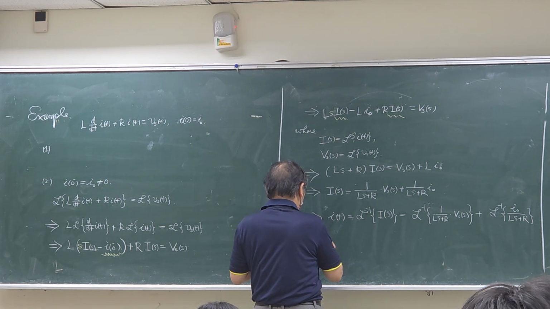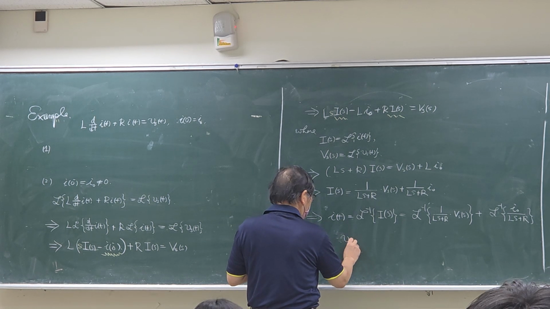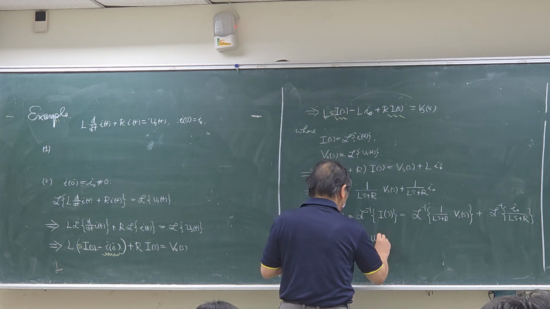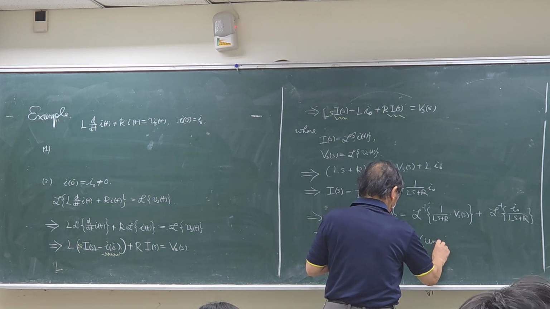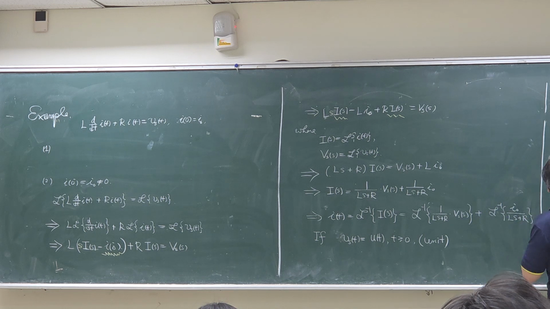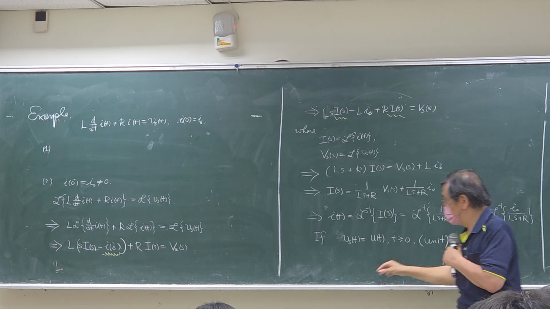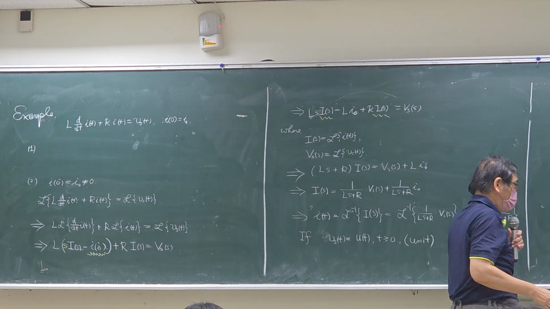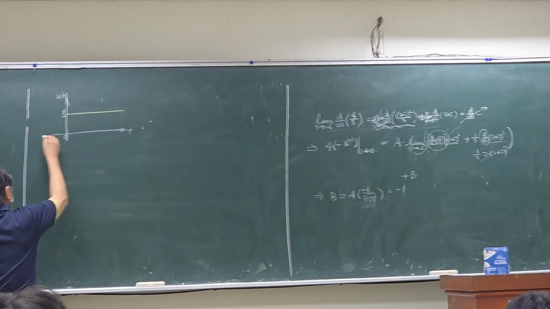Alright, now if the input, the control voltage, is a unit step u(t), then E(t) equals 1 when t is greater than or equal to 0, and otherwise it's 0.